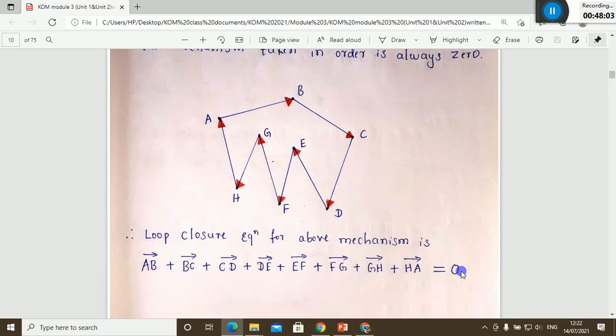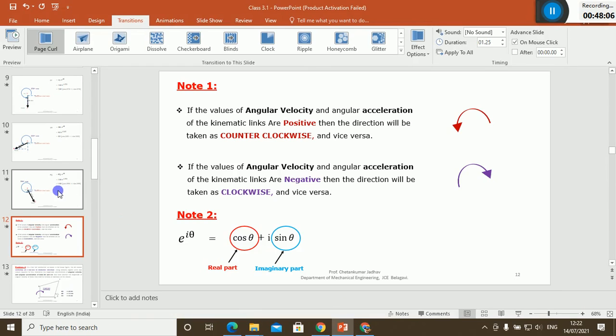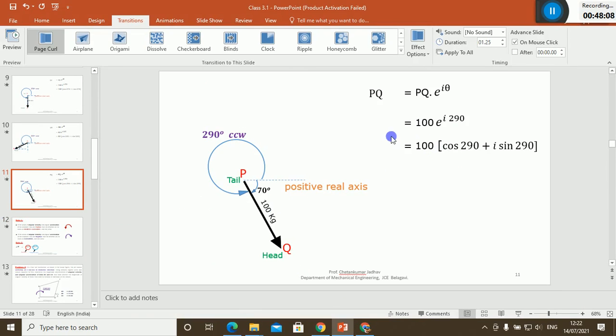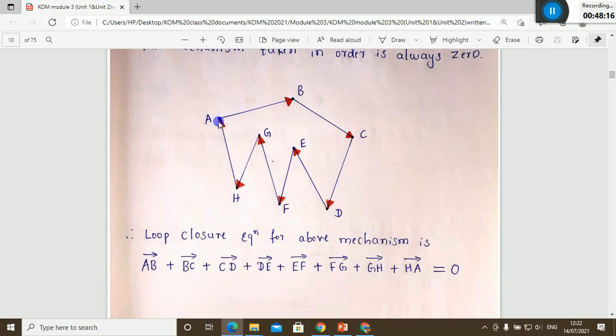In the previous slide, I think you calculated the displacement, right? So this is the displacement. When you take the displacement of this vector, that is AB, it is r into e raised to i theta. When you consider the displacement of the next vector, again r into e raised to i theta, where r is nothing but the length of the individual links.